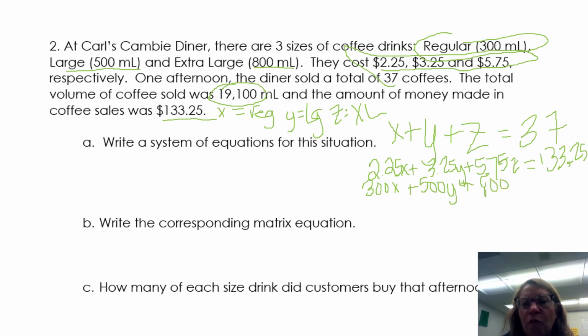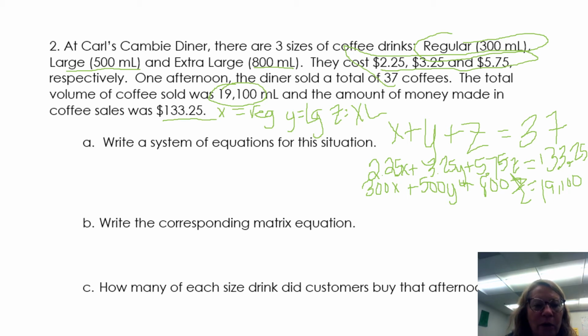And what is our total volume in milliliters? For some reason, that is the craziest Z I've ever seen. It zigzagged on me. Okay, Z. And that's going to be 19,100. And there are our 3 equations.